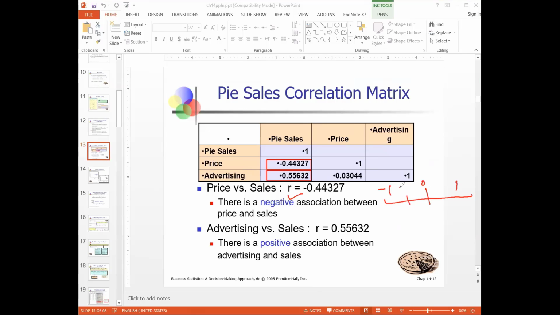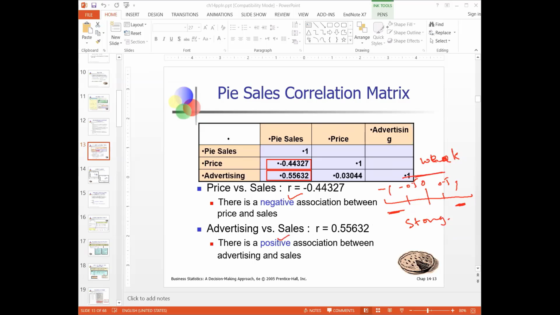Any value above 0.5 or below minus 0.5, we call it strong. And if it is between 0.5 and minus 0.5, we call it weak. The correlation between advertising and sales is 0.55, so it is a positive association.